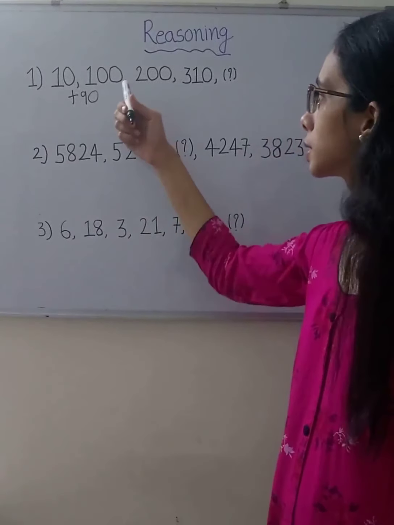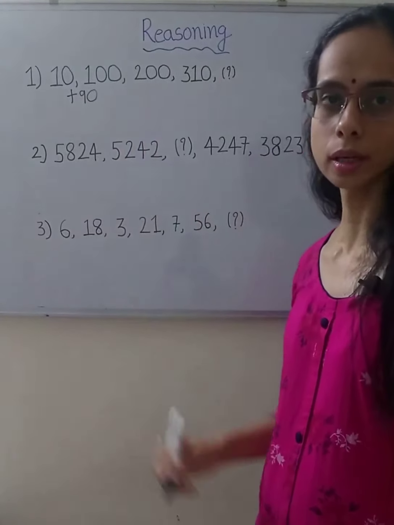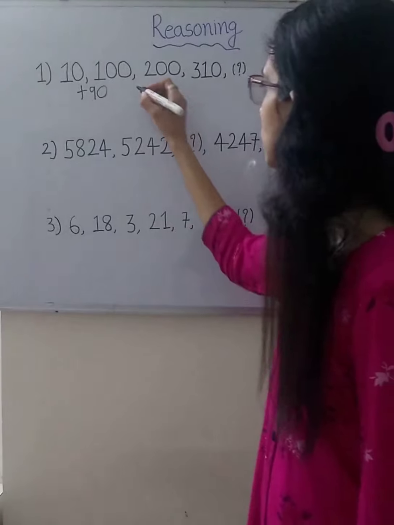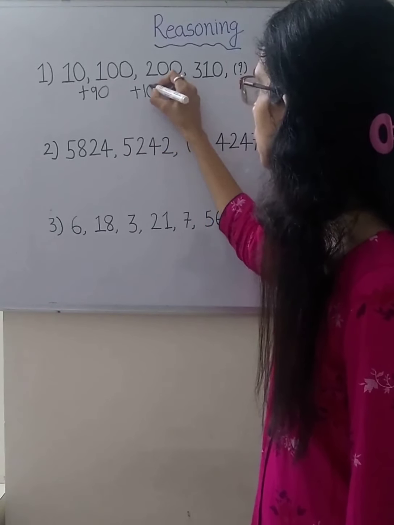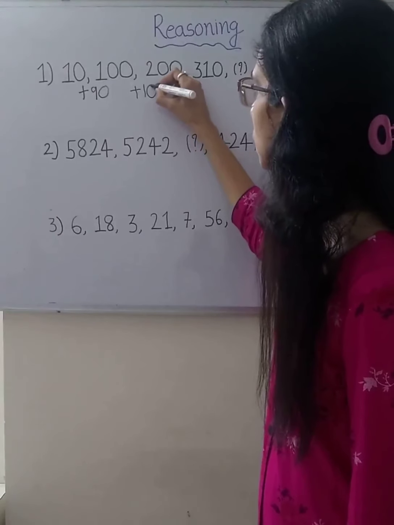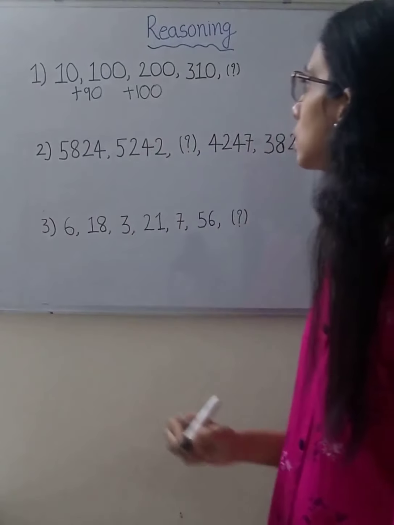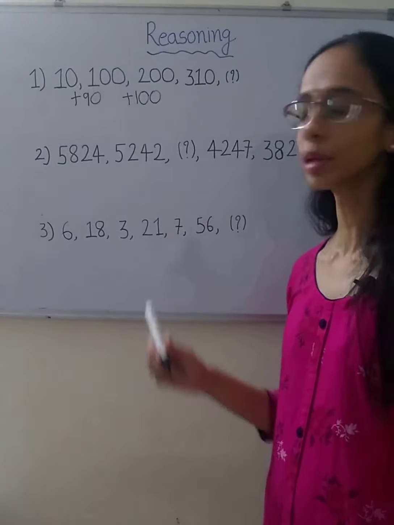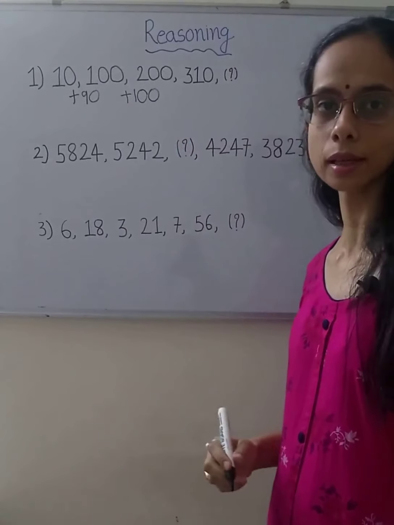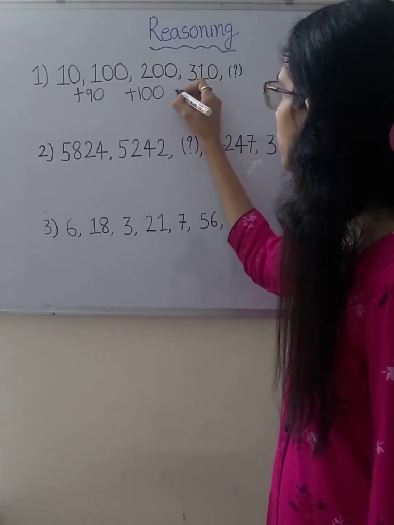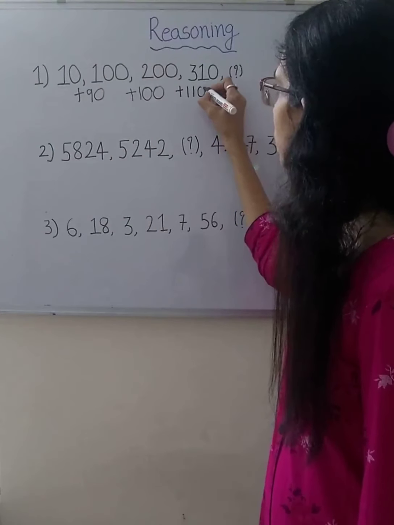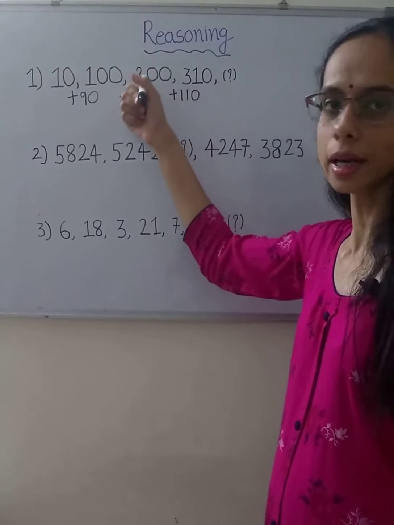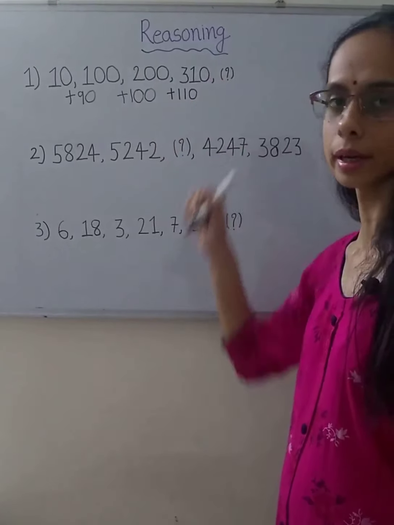Then the relationship between 100 and 200 is plus 100. Then the relation between 200 and 310 is 110. When 110 is added to 200, we get 310.